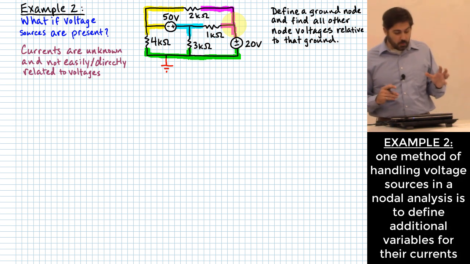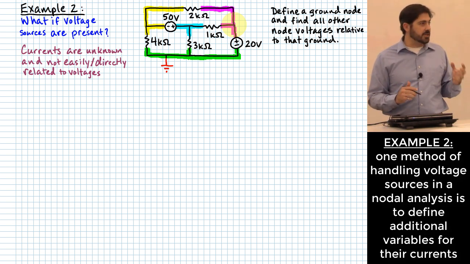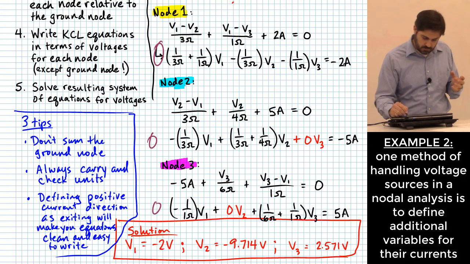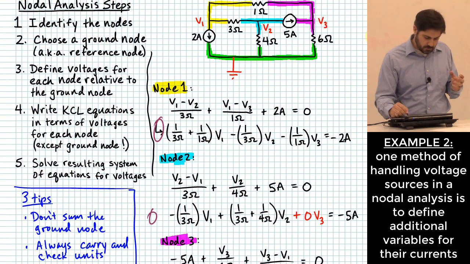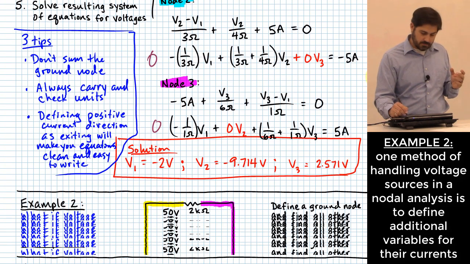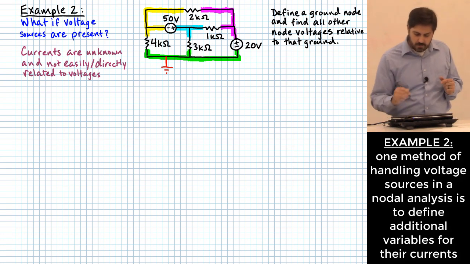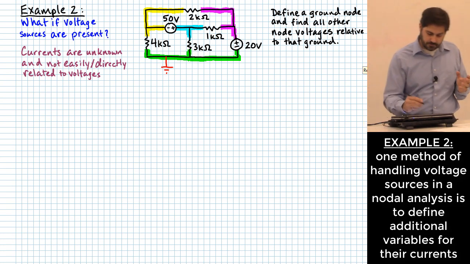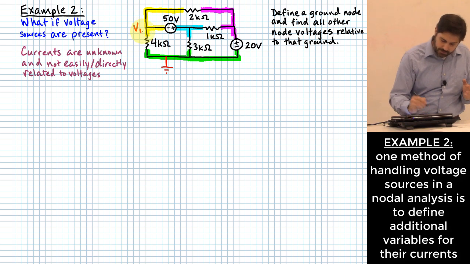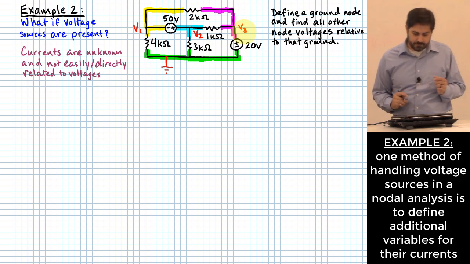Once we've identified the ground node, what was our next step? Define voltages for each node relative to the ground node. So let me do that, like we did last time: V1, V2, V3.